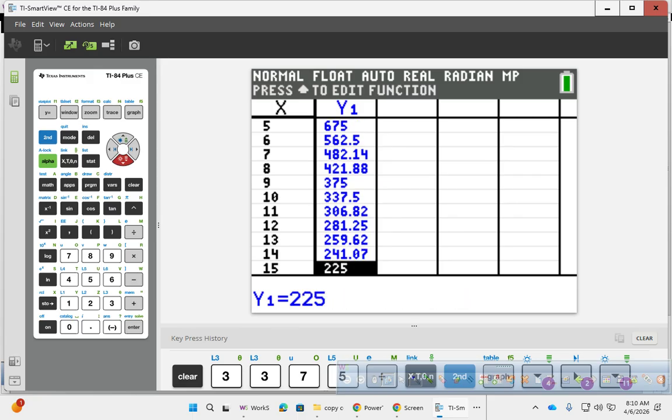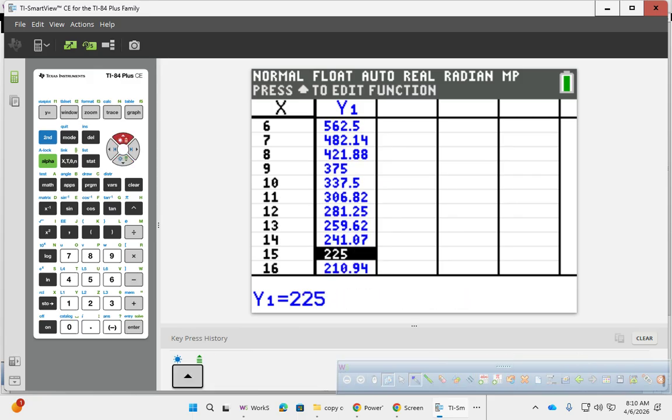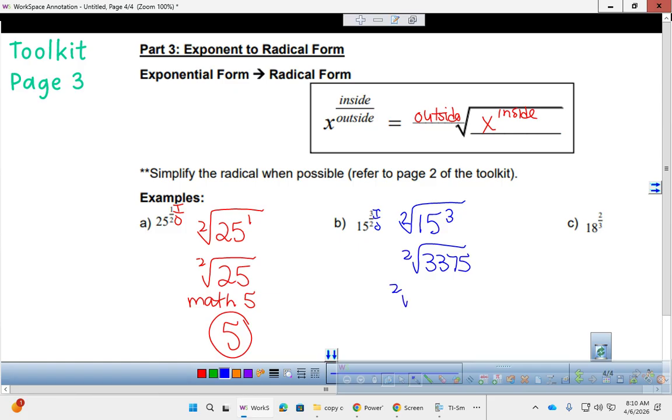Let's say 225 is my perfect square. And next to 225 is a 15. So I'm going to split this up into 225 and 15, just like you did on the warm-up number 2.